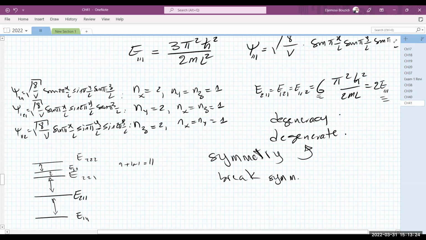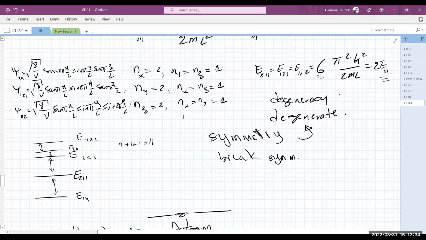So those are 2 different functions completely that depend on x and y and z. But they are the same in terms of energy. They all have the same energy level. They all sit in here. They're all actually the same number, 1, 2, 1, and 1, 1, 2. So they all add up to the same energy.